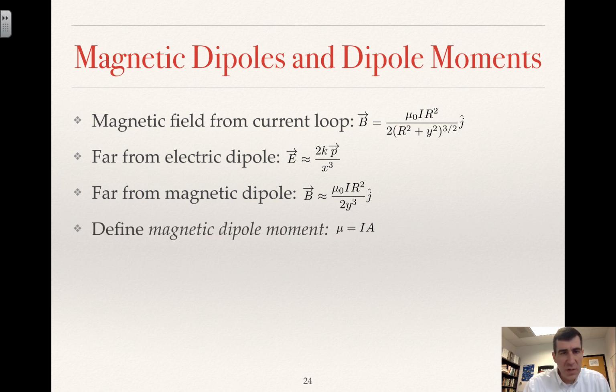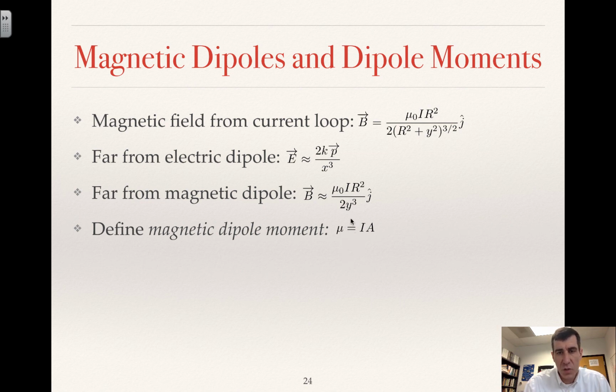That means we can define, just as for electric dipoles we defined an electric dipole moment, which was the charge times the separation distance. For magnetic dipoles or current loops, we can define a magnetic dipole moment.